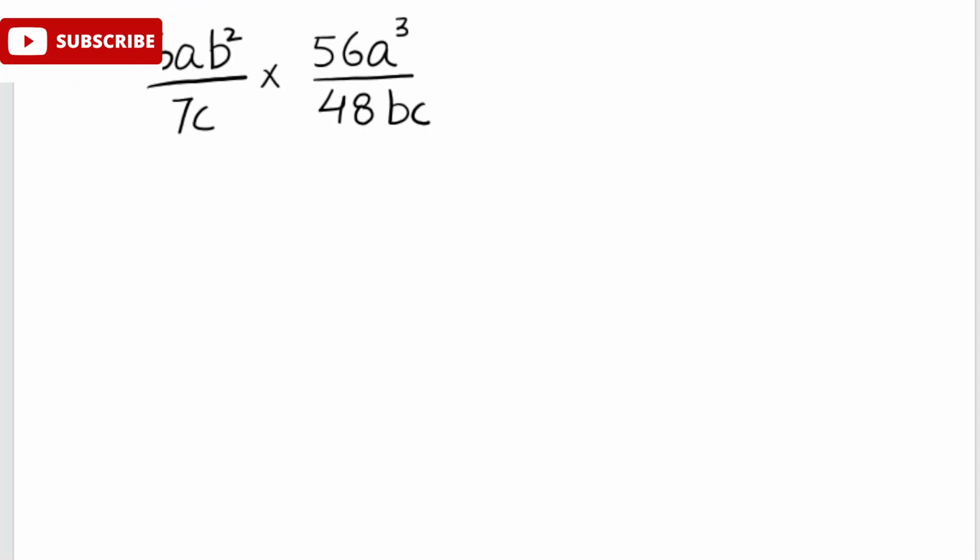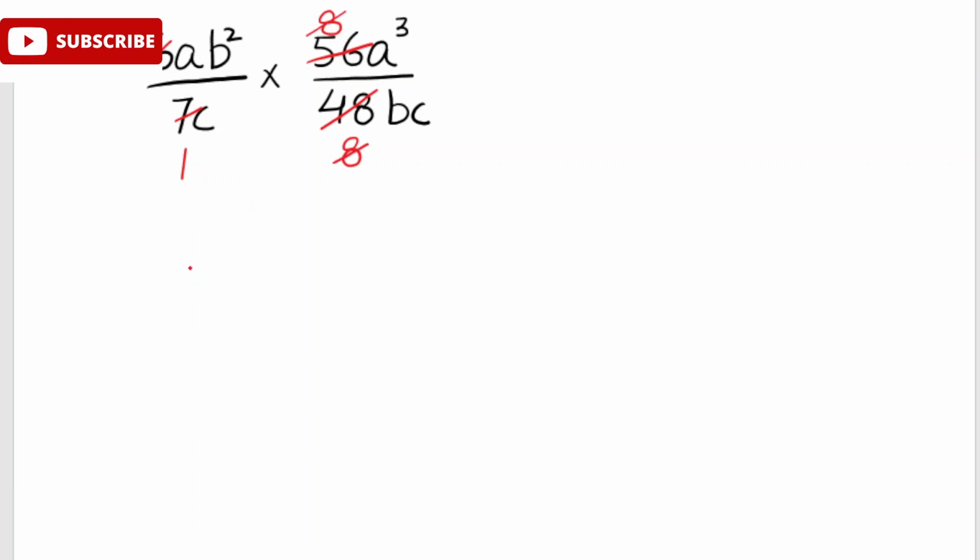You can first simplify the numbers. 6 ones are 6, you can cancel it. 8 sixes are 48. 7 ones are 7, 7 eights are 56.